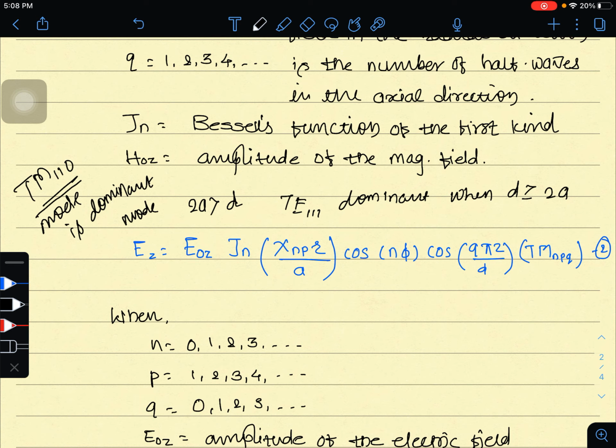This is the transverse magnetic mode and transverse electric mode in dominant format.